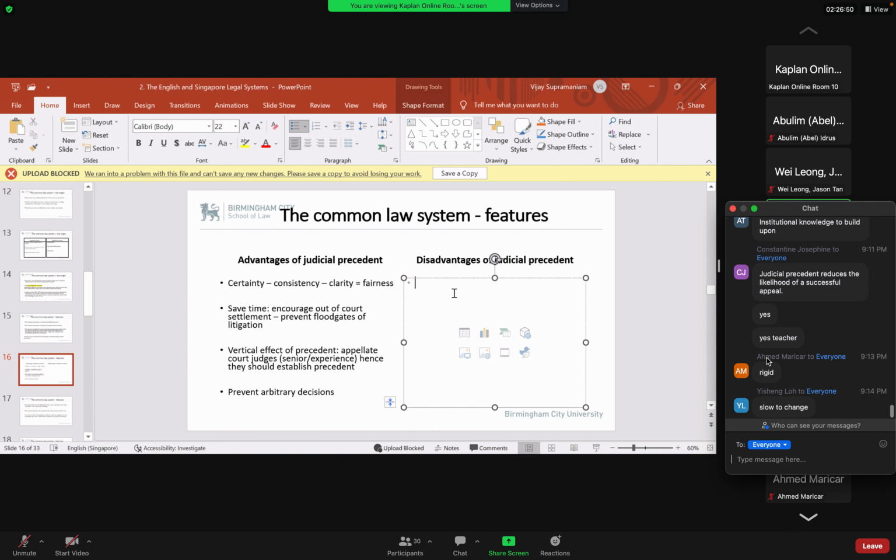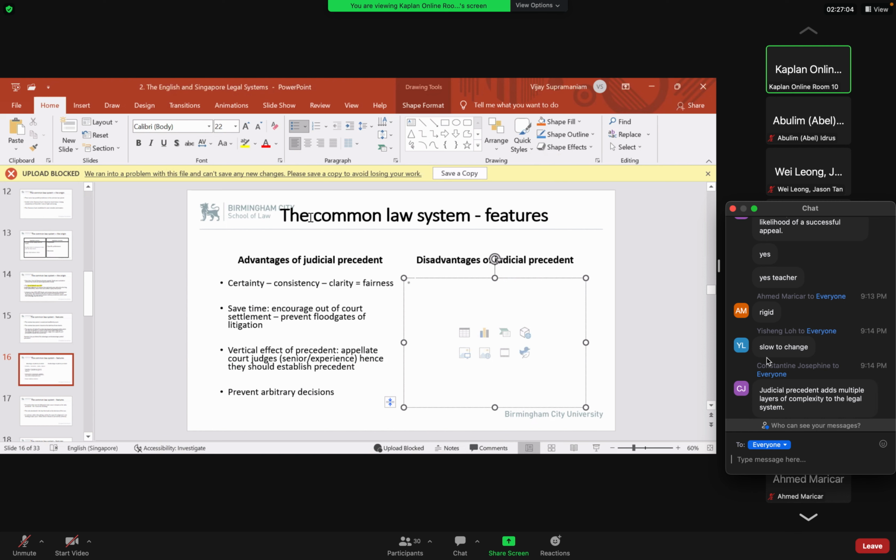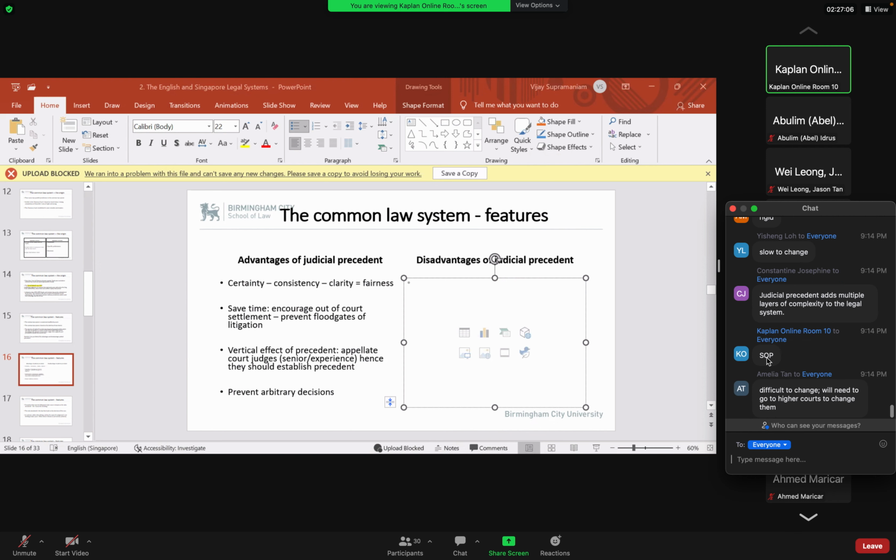Separation of power is challenged because in this case, the judiciary makes and interprets the law. You can write down all your points here, then I'll see how I can consolidate them. So SOP is one of it, right? You all suggested judicial precedent adds multiple layers of complexity to the legal system. Slow to change, difficult to change. Correct. These are the general disadvantages.